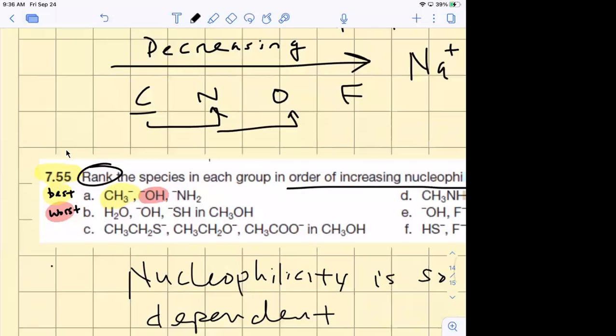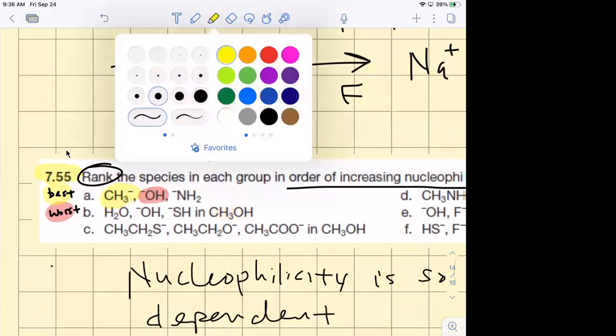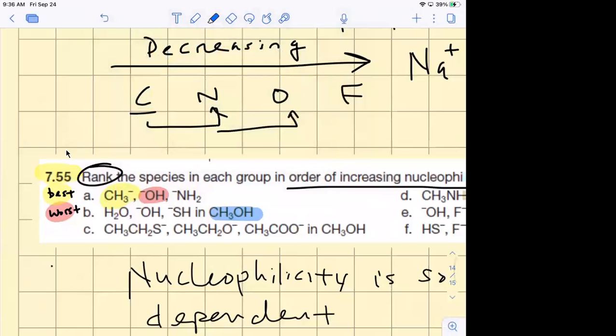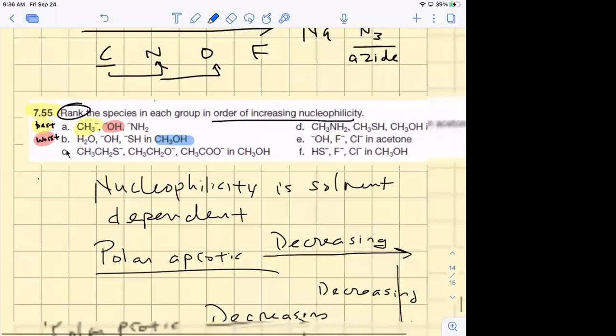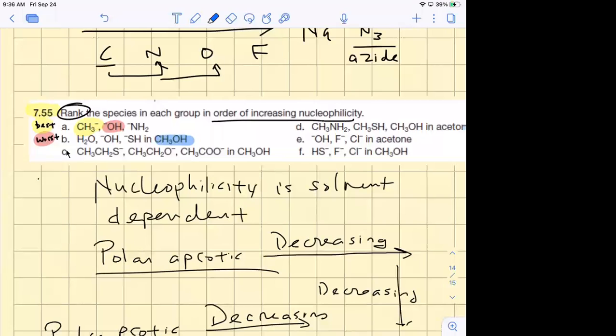All right, now let's look at B. It says it's water, hydroxide, and then the sulfur anion, but it says it's in methanol. Methanol is what type of solvent? Protic or aprotic?